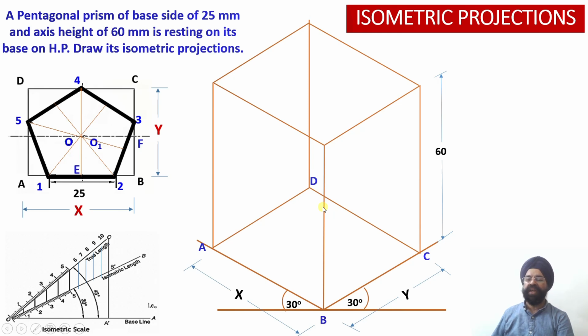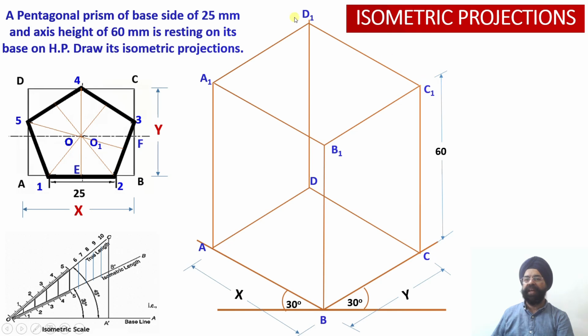So this is the construction of a rectangular prism, and within this rectangular prism we are going to mark all the points corresponding to the pentagonal prism, and then we will obtain the construction of the pentagonal prism with the help of this rectangular prism. So this is our guiding figure.